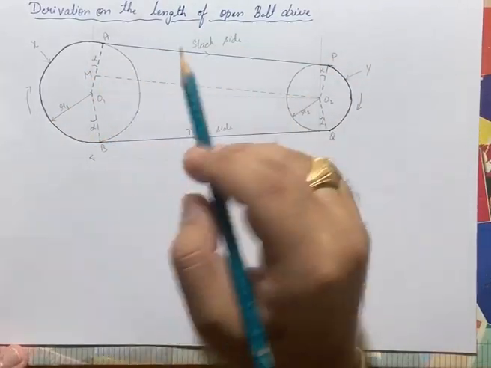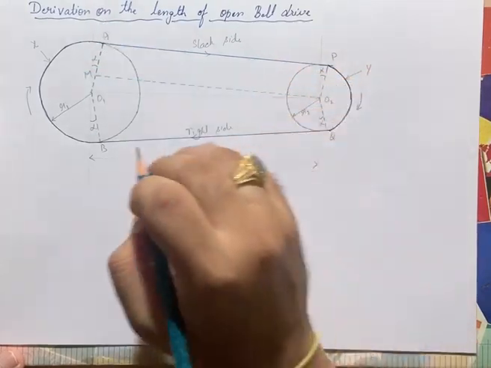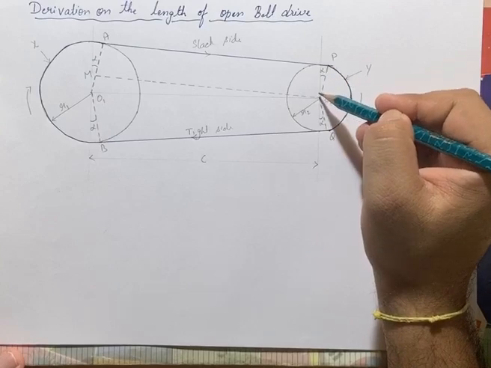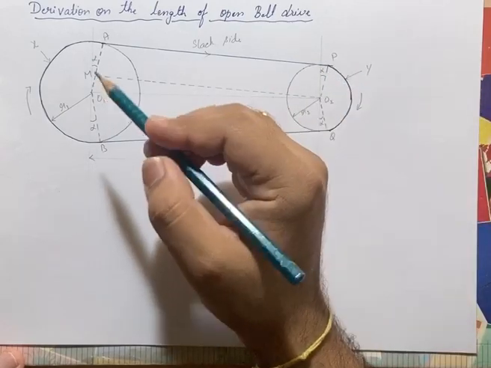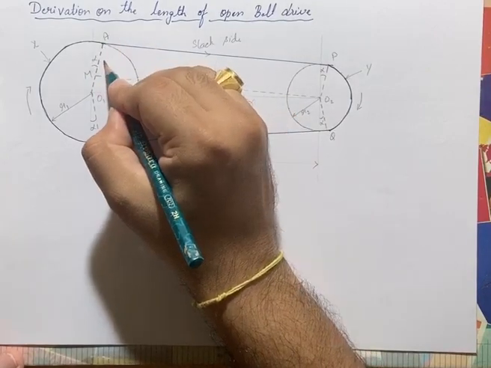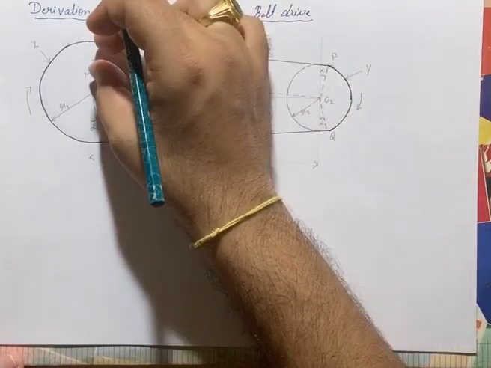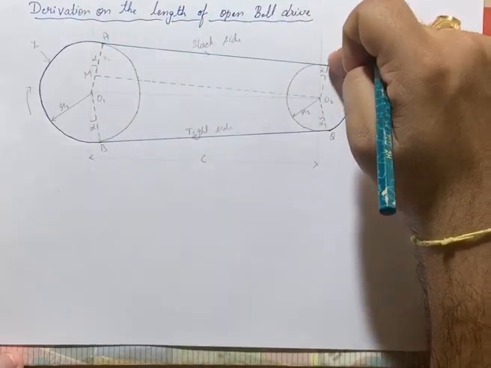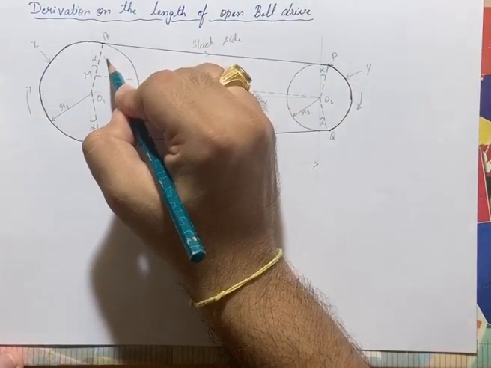I have taken this line down and joined point P to O2. So this distance is R2, because the same distance is there between these two, that is MA and PO2 will be the same. So this distance becomes R2.